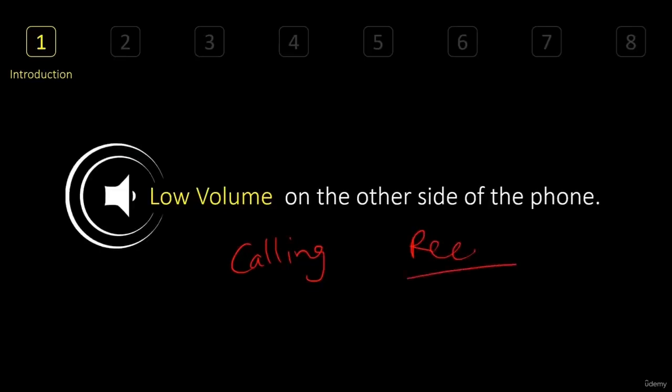The person who's receiving the call will have low volume. So you might have seen in movies, the person who's calling, you will get a clear voice. However, on the other side, you might hear as if it is recorded. Same way here, you will get low volume on the other side. I suggest you keep your volume a little bit higher. How can you do that?